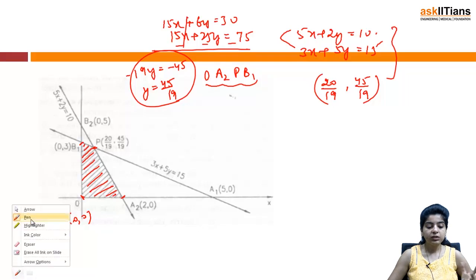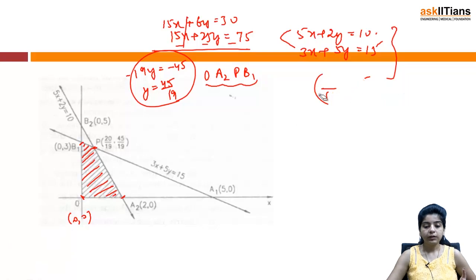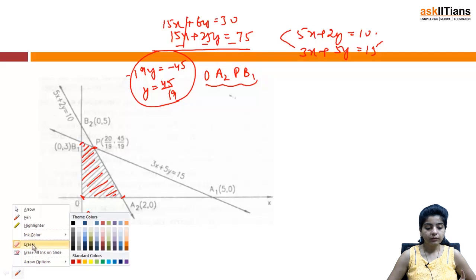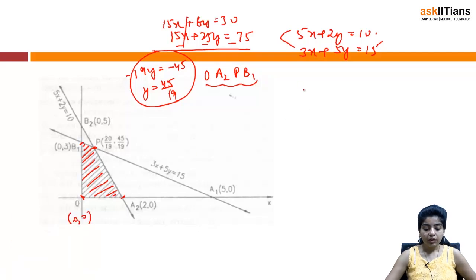Next step is to find the maximum value, since the question was of maximization type. So now we'll form a table. We'll find the values of z at these corner points.